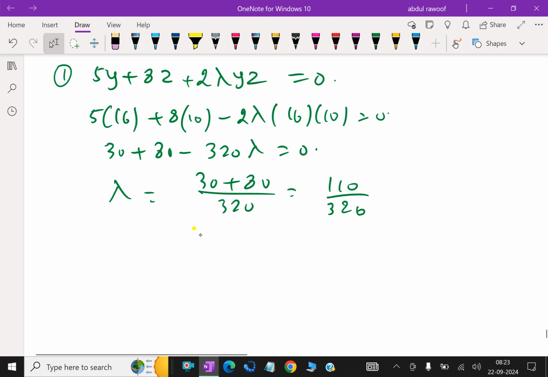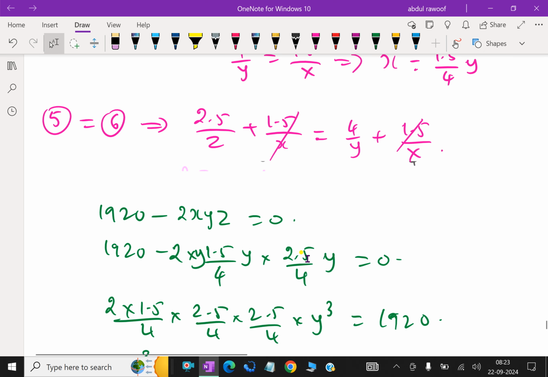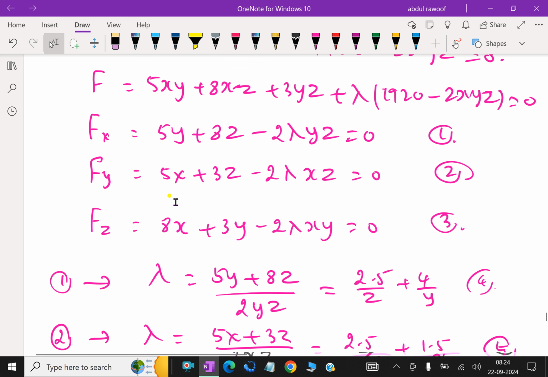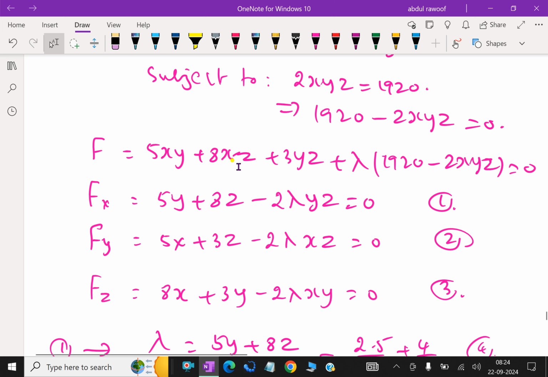This is 80, sorry, this also 80, this also 80. So 160, which is equal 0.5. We have lambda equal to 0.5. So we got all the values. If you put all these values into the function, we can get it.